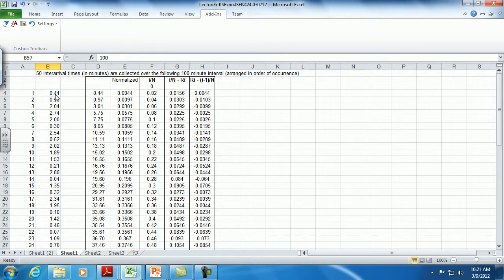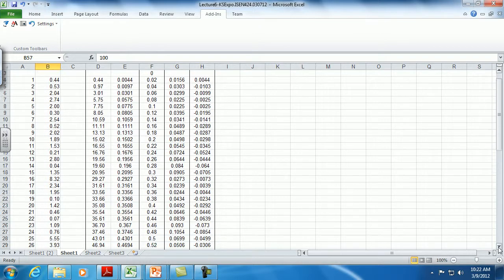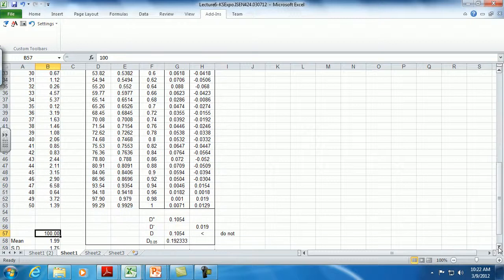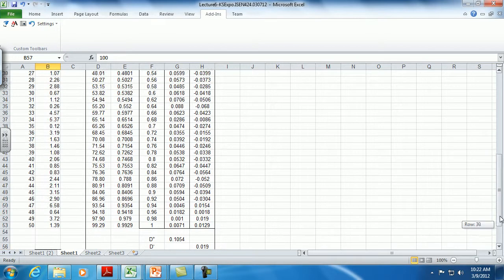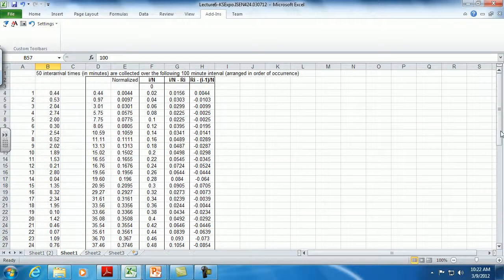So we put 0.44, and then we add 0.53 to get the second arrival time. We add 2.04 to get the third arrival time, 2.74 to get the fourth, and so on for all the data points up to 50. The last arrival occurs at minute 99.29. Remember, we are looking only at 100 minutes.